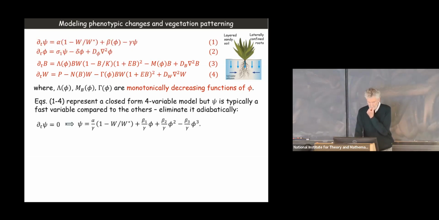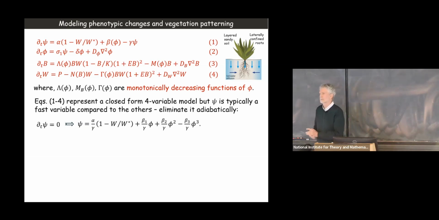So we have 4 equations that are in closed form and we can study, but we can do a simplification because the signaling process, psi, occurs on a much faster time scale than all other variables.